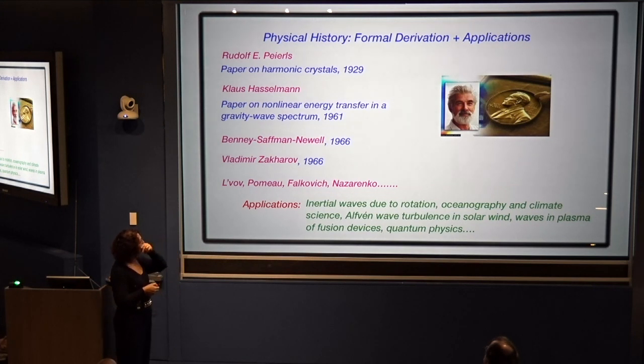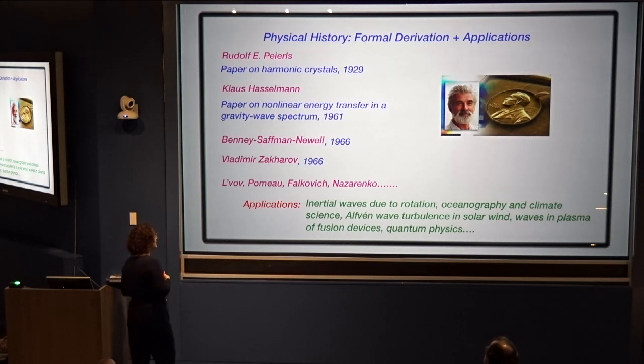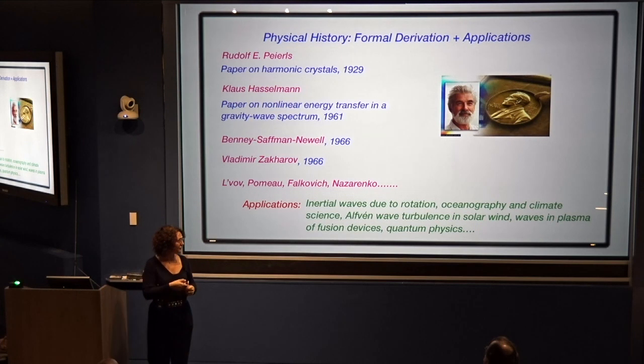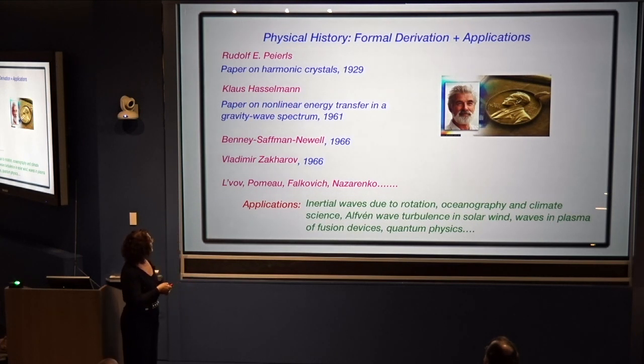And he, in fact, was one of the first people to write down the form of the kinetic wave equation. And then you see other names here. And of course, there are plenty of applications, and this was the reason why it was developed. In fact, the Nobel Prize was in particular for oceanography and climate.